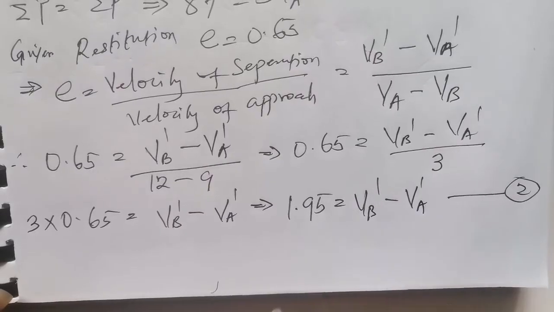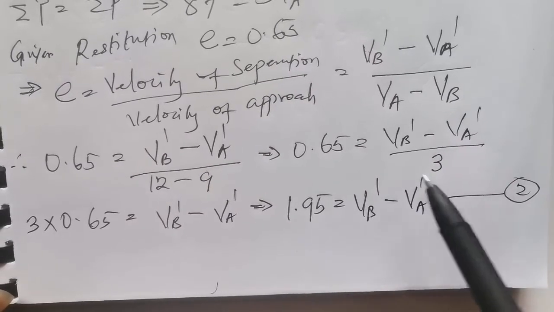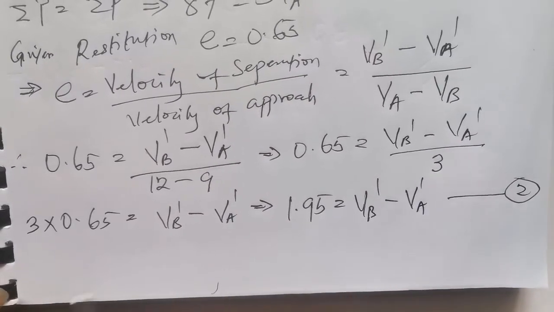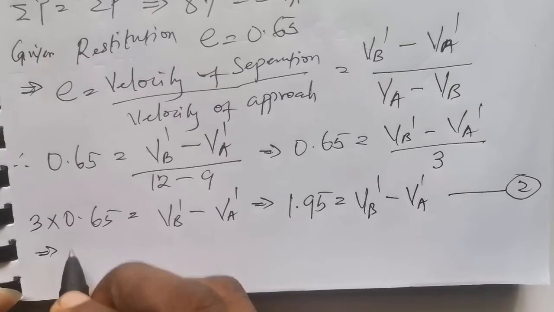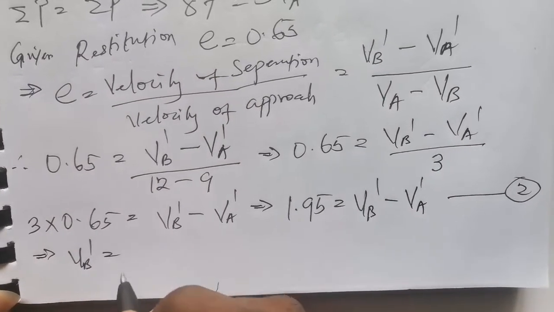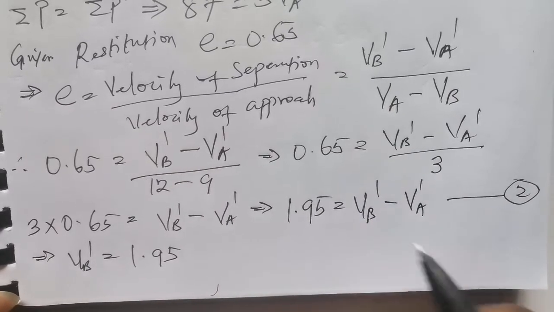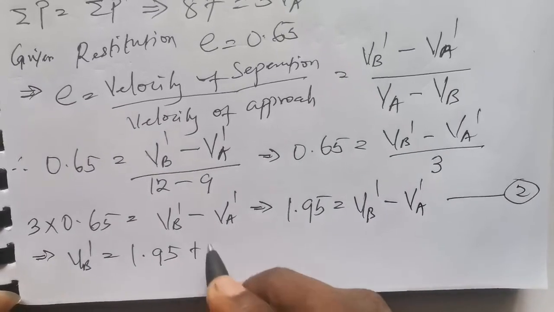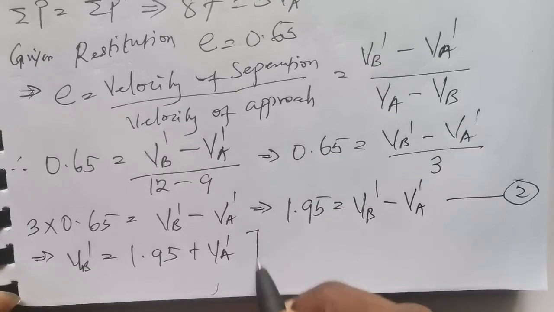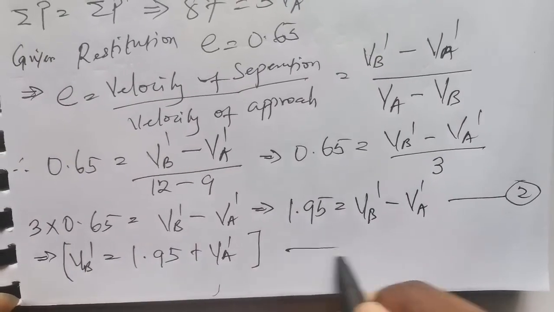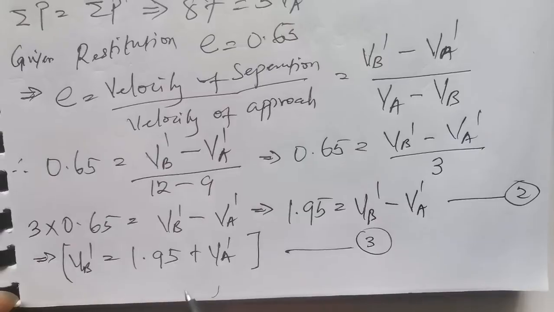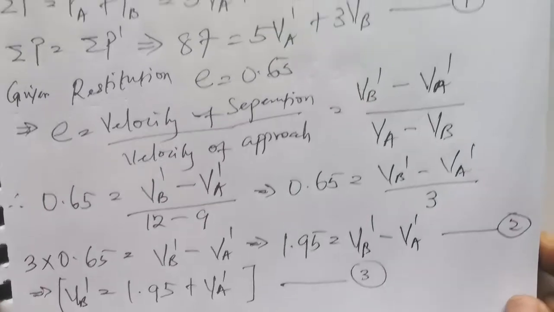Now from equation 2, let's make VB prime subject. So we are simply sending VA prime over here. So this simply implies that VB prime is equal to 1.95, negative sign crossing an equal sign becomes positive, so we have plus VA prime. So this is our value for VB prime. Call this equation 3.